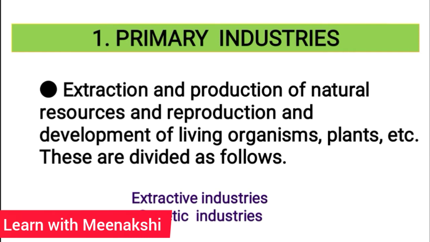And production of natural resources like harvesting and reproduction and development of living organisms and plants, etc. So if you are doing this kind of activity, you come under the category of primary industry. Here the primary industry is further classified into two categories: extractive industries and genetic industries.